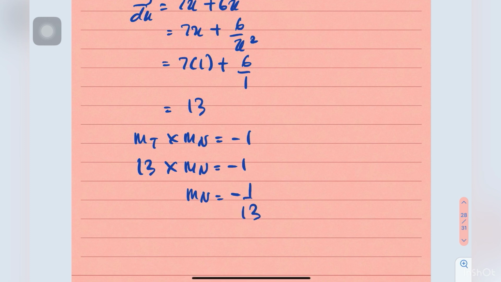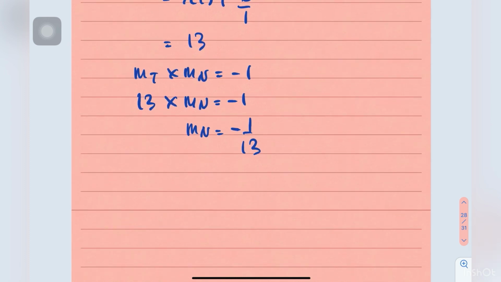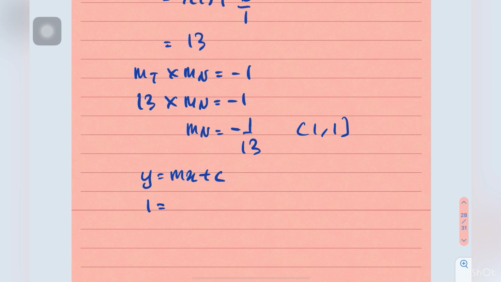Then you have to find the equation of the normal first, like previously. So y equals mx plus c. Just now we have coordinate (1, 1). So we substitute y is 1, m is -1 over 13, x is 1, plus c.